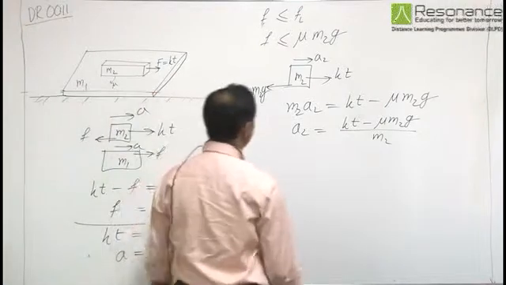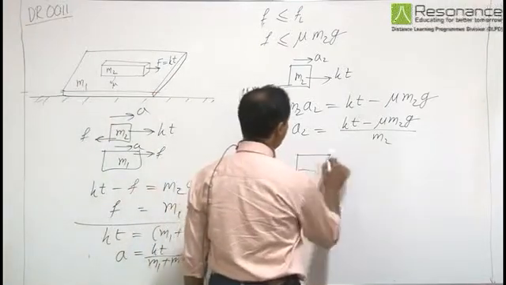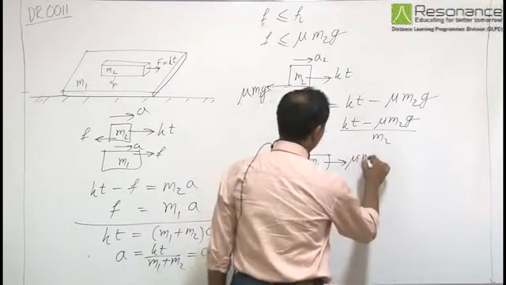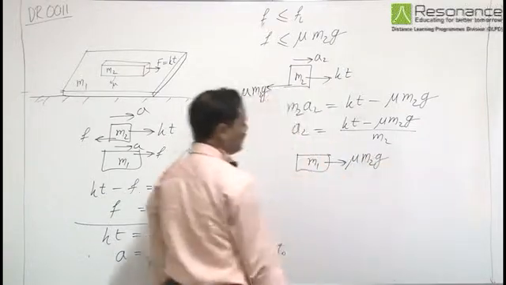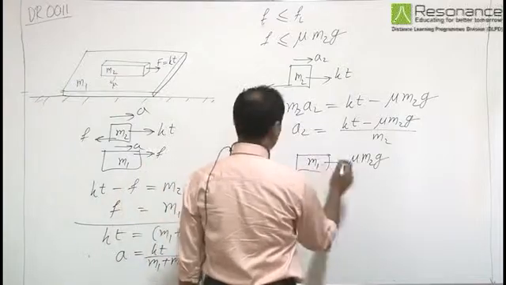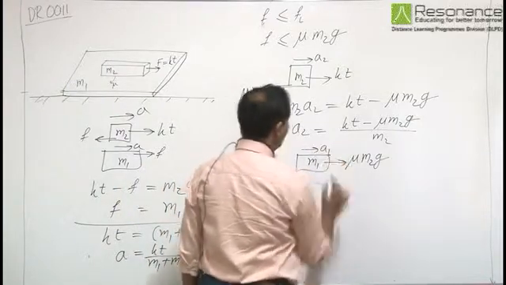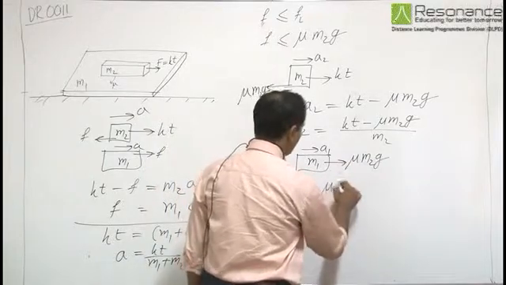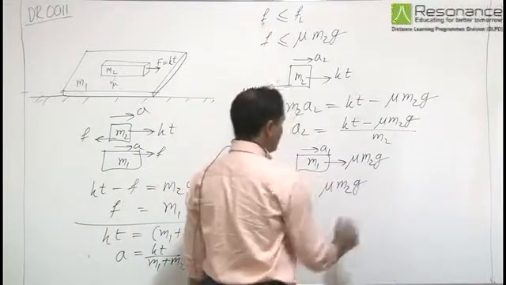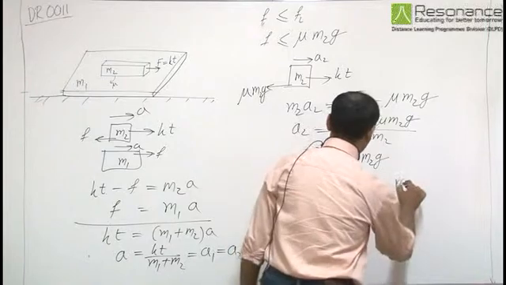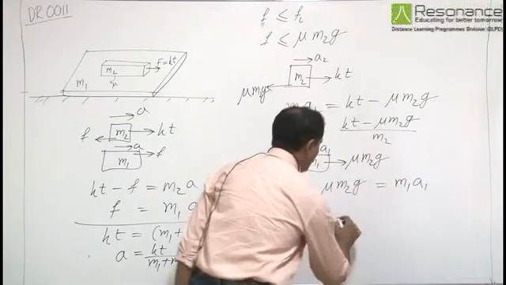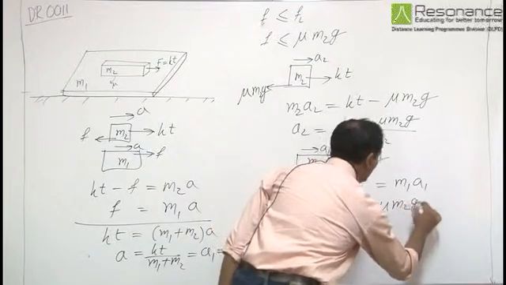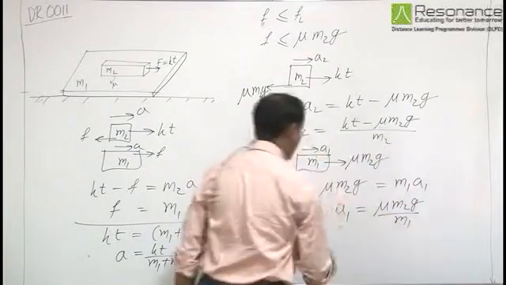In this situation, the force on the plank, that is mass m1, is the frictional force mu m2 g, and let its acceleration be a1. So we can write mu m2 g is equal to m1 a1, or acceleration a1 is equal to mu m2 g by m1.